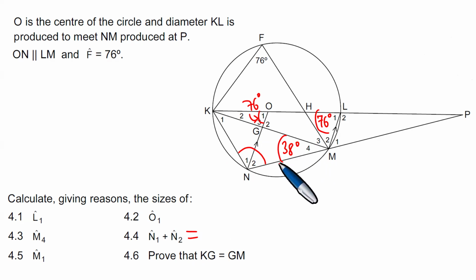It remains to proceed to find the size of the angle N1 plus N2. I'm sure that somebody is thinking very carefully about it. What is the size of this angle here? Who has an idea on what the size of this angle is?